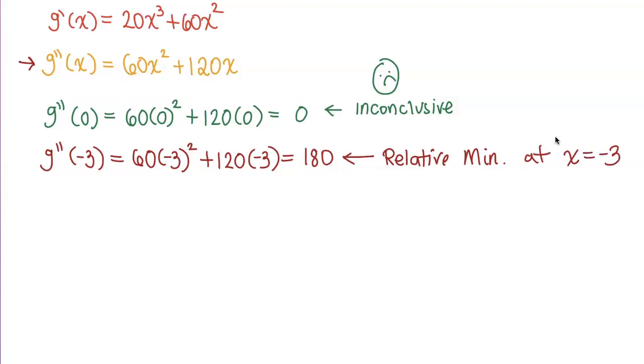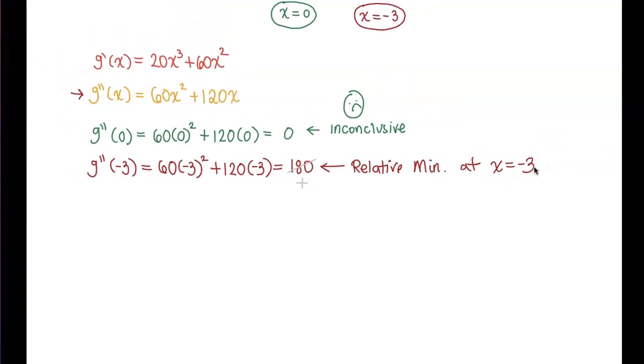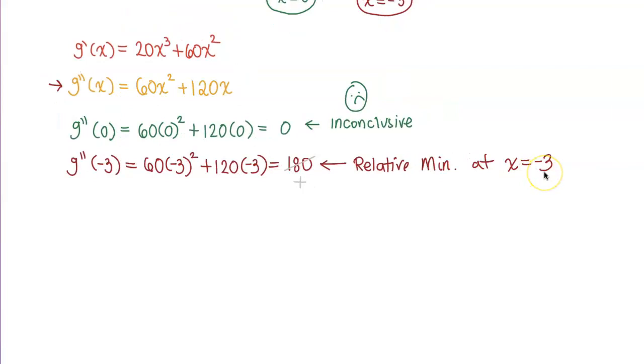By the way, don't look at the value that we got. Don't say 180 is the relative minimum value. Just look at the sign of this number. That's what tells us that this is where relative minimum happens. So if we want to find the point, we have to plug in -3 into the original function, okay?